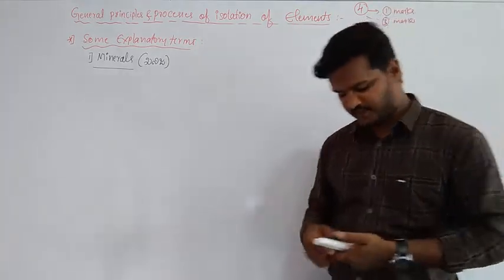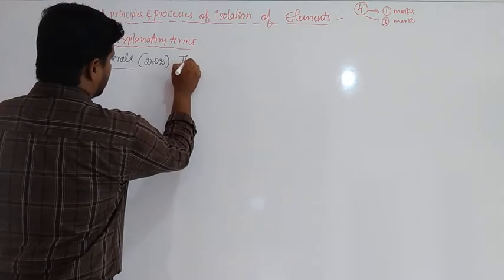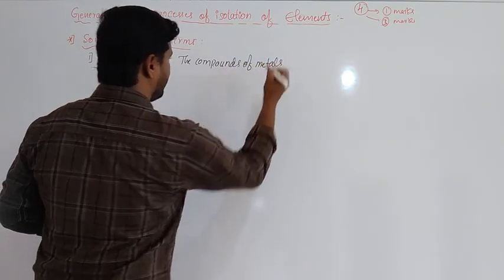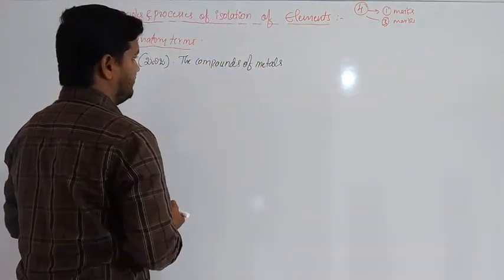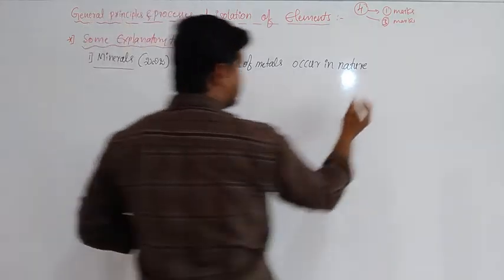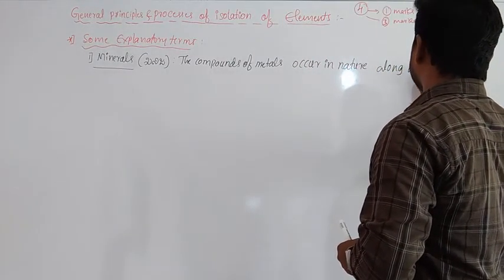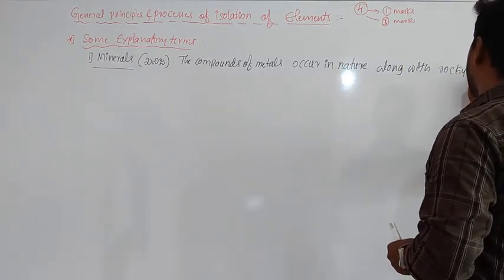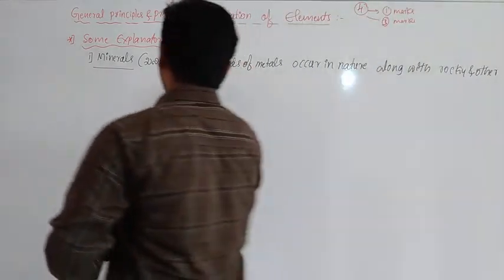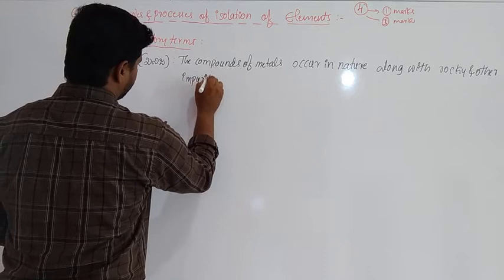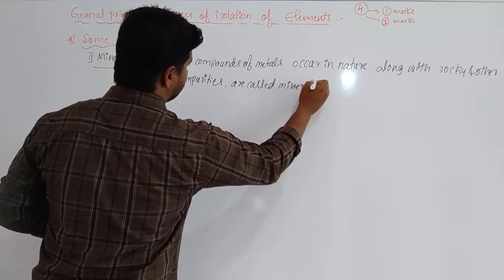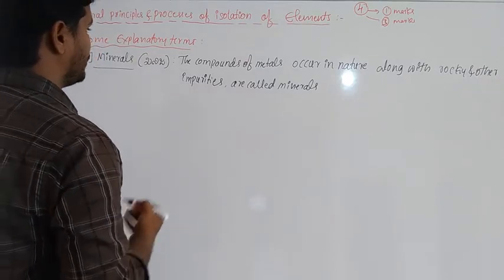The definition for minerals: the compounds of metals that occur in nature along with rocky and other impurities, meaning rock, are called minerals.